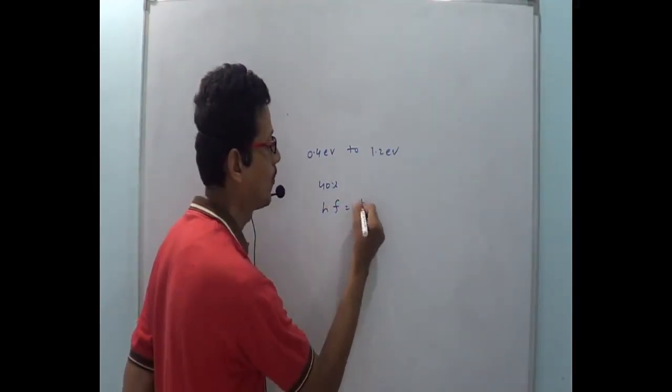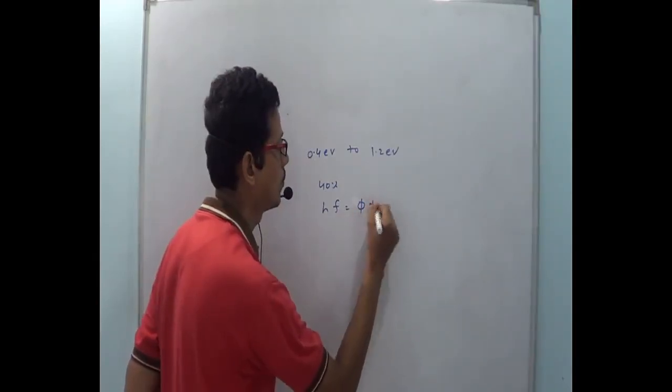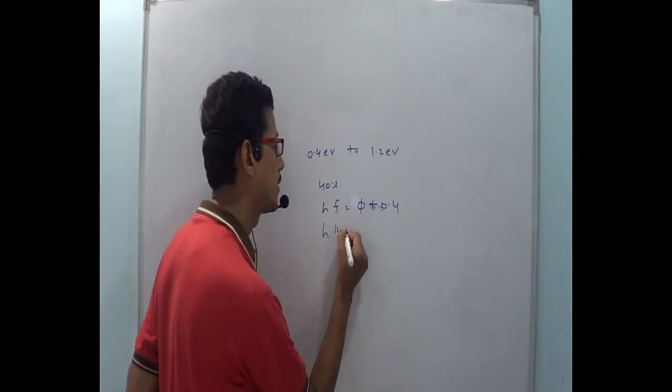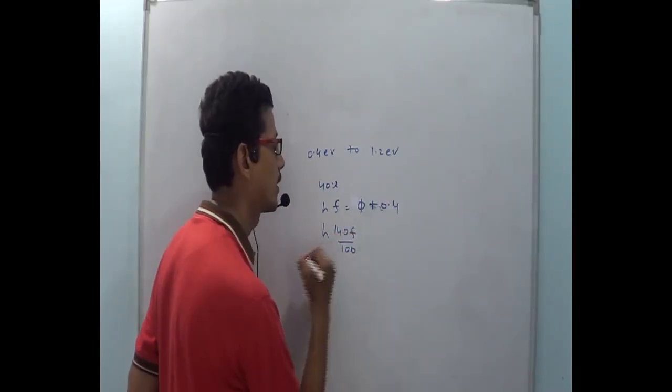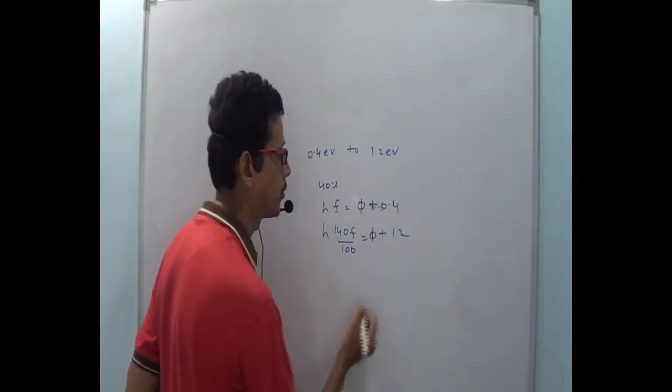So what is this? We need to find phi. hf is equal to phi plus 0.4. And a 40% increase means I can write 140 f by 100. This is the same, and this is 1.2.